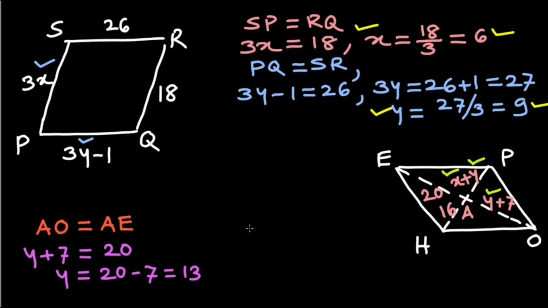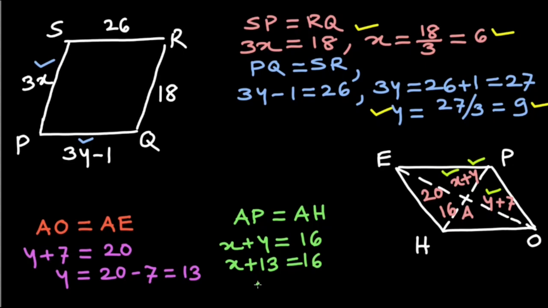Also, we have AP equals AH, that will be x plus y equals 16, that will be x plus 13, because y is 13, equals 16, so that gives us x equals 16 minus 13, which is 3. So thus we get x equals 3 and y equals 13.